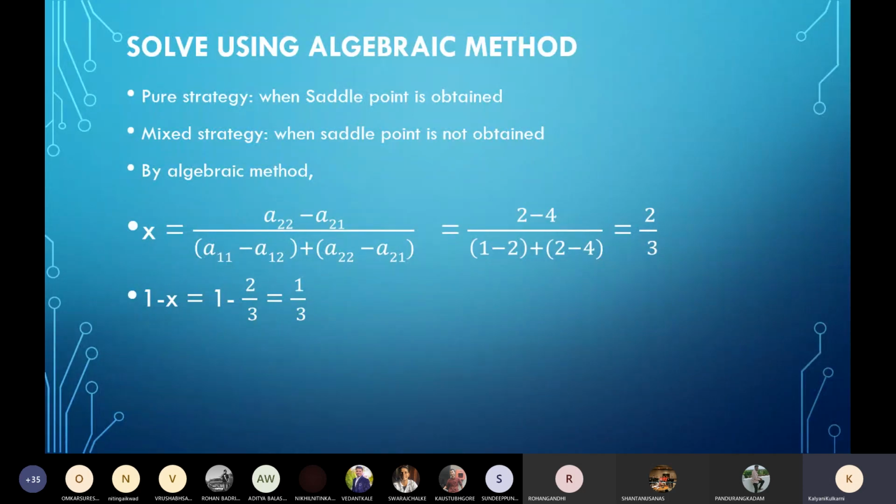Quickly note down the value of x and 1 minus x. Then we'll find the value of y and 1 minus y.